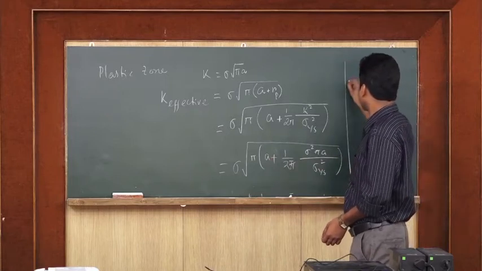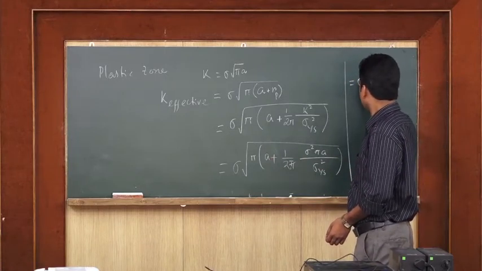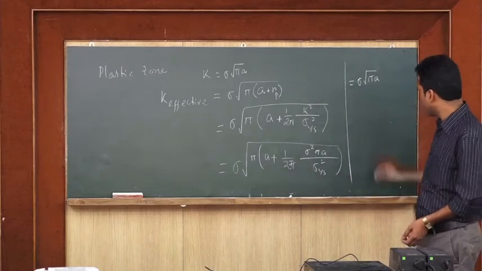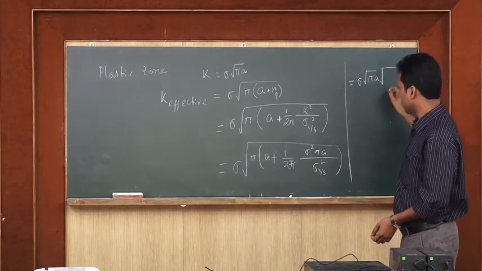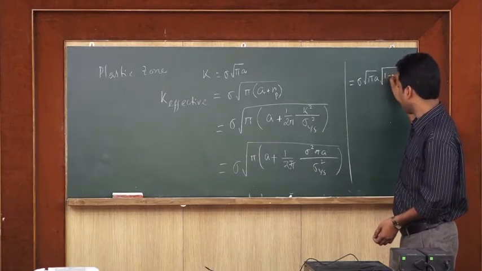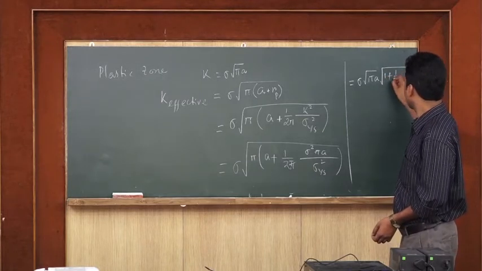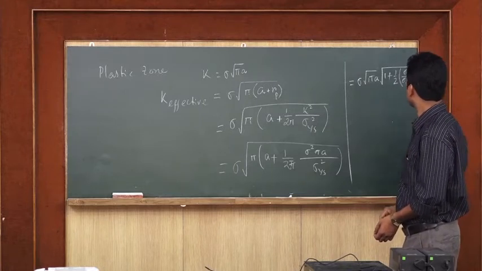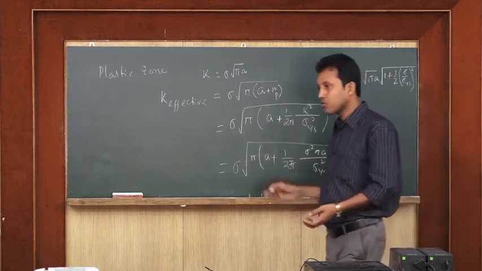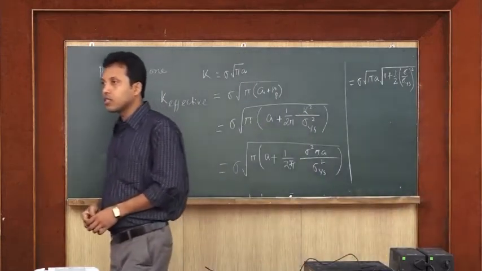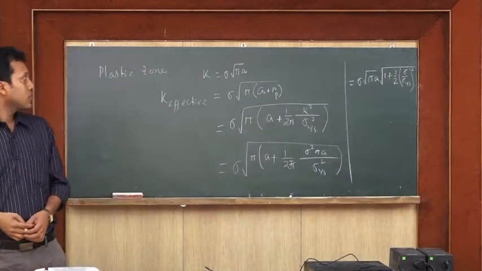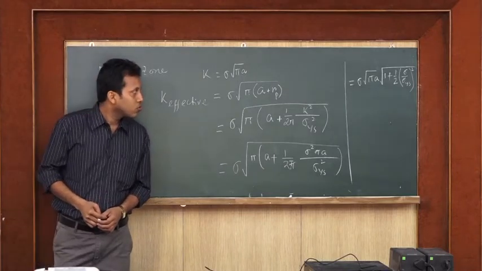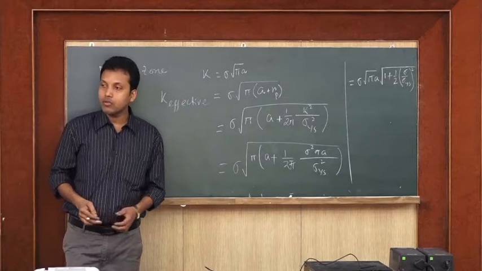It will be sigma root pi a into root over 1 plus 1 by 2 times sigma by sigma ys, whole square. That way I can write K effective as sigma root pi a into root over 1 plus 1 by 2 times sigma by sigma ys whole square.